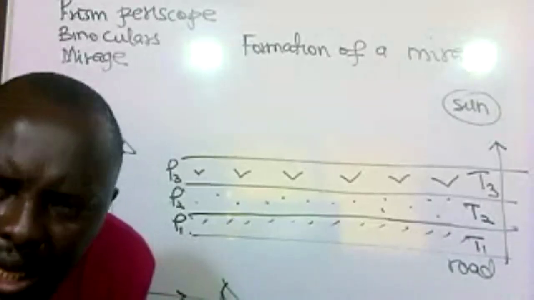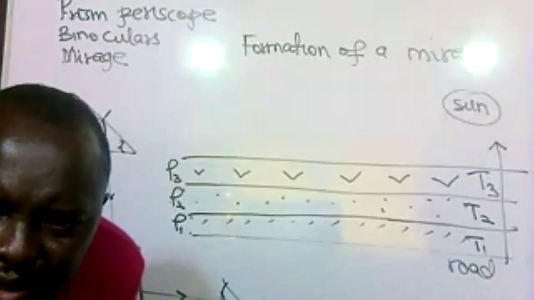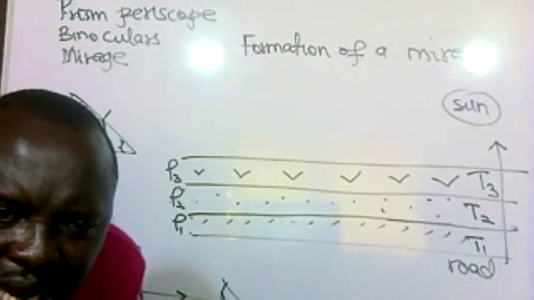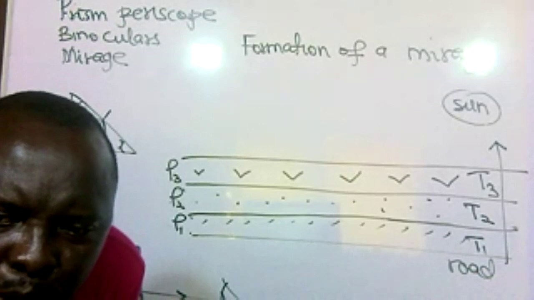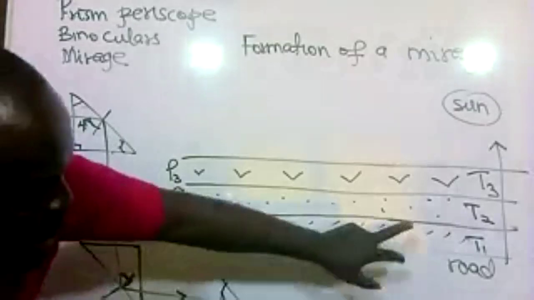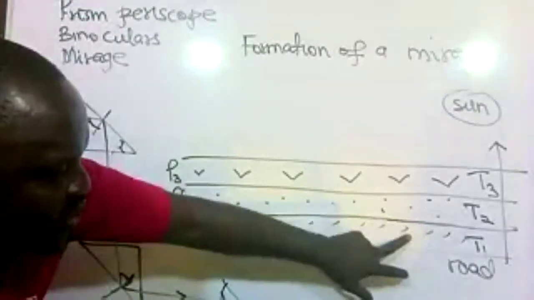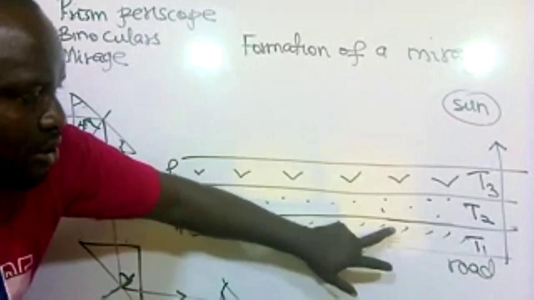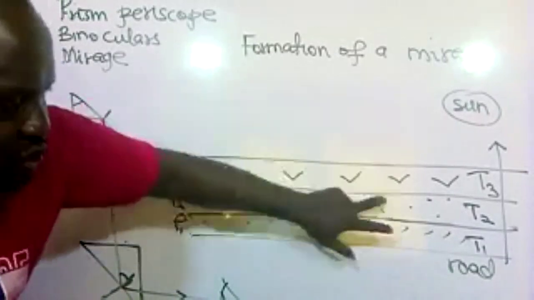It would increase because when the temperature of the air layer is so much, the density drops. So this temperature is greater than this, but the density of this will be less than this one.